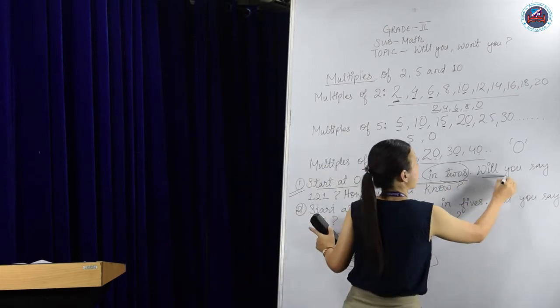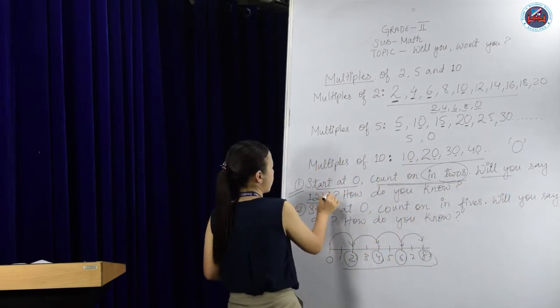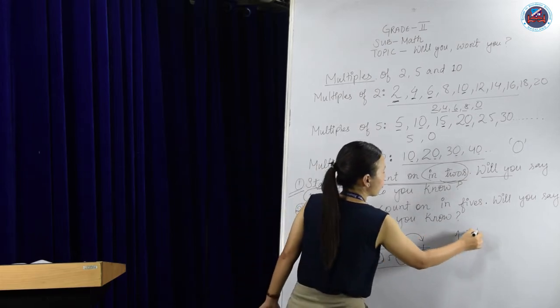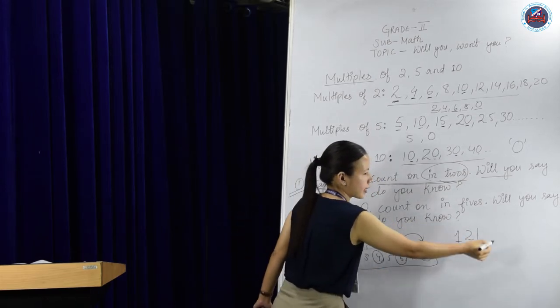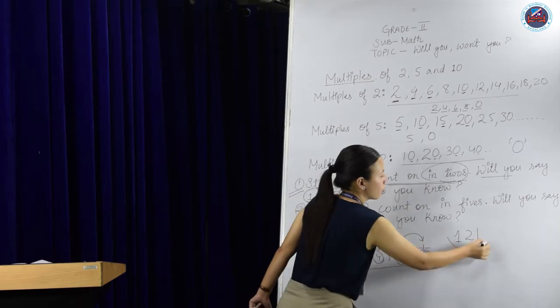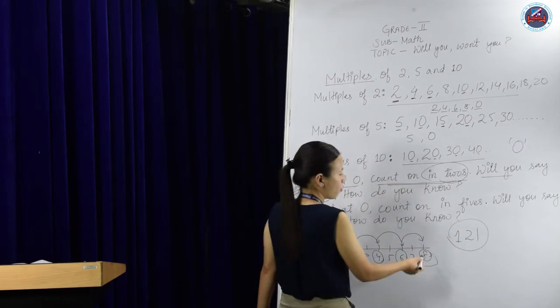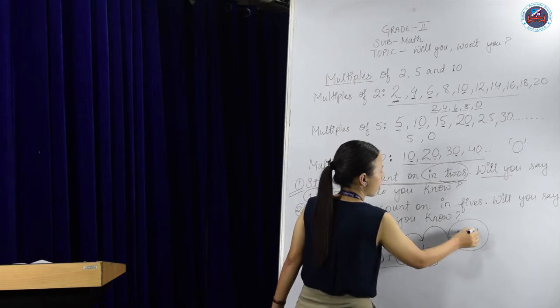So it asks, will you say 121? When you count on 2 places each time, will you count on to 121? How do we know whether it will count on to 121 or not?